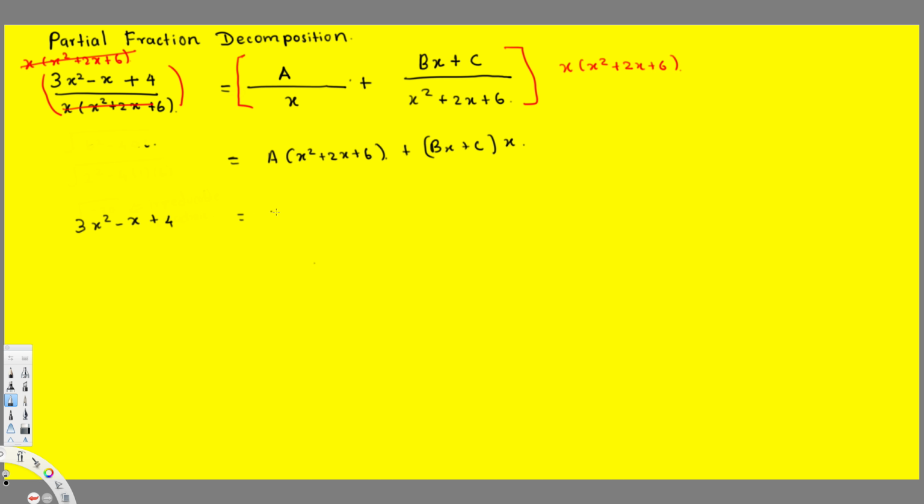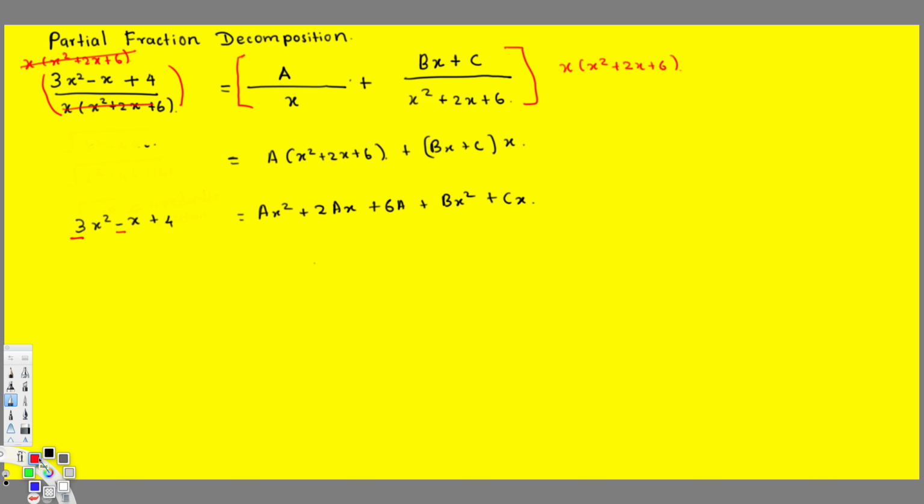So we have 3x squared minus x plus 4 is equal to this one. Now I'm going to try to equate these coefficients, the three coefficients: before x squared, before x, and the constant. To do this, I have to simplify this a little bit more. So this is going to be ax squared plus 2ax plus 6a plus bx squared plus cx, and this is equal to 3x squared minus x plus 4.